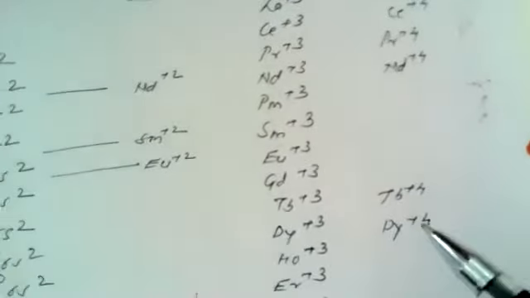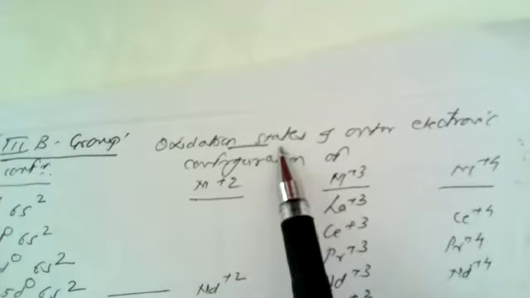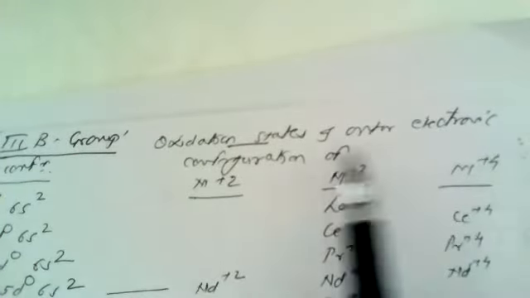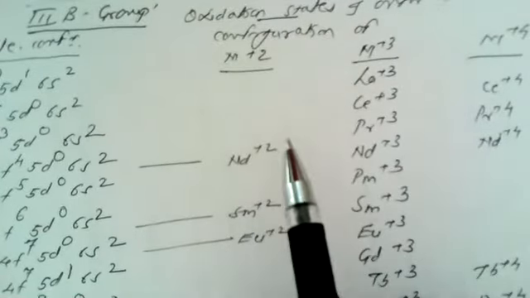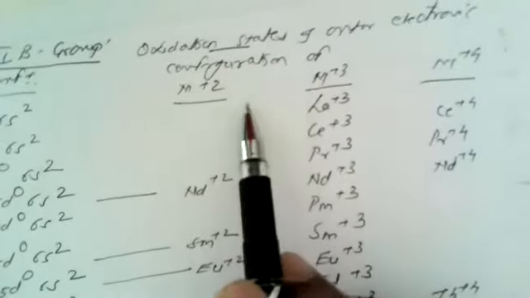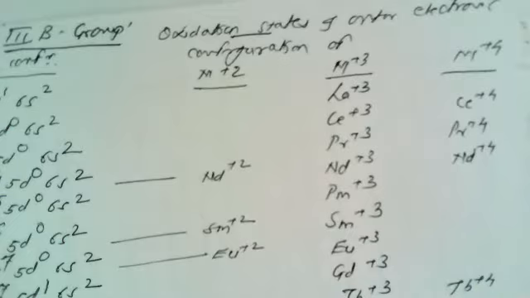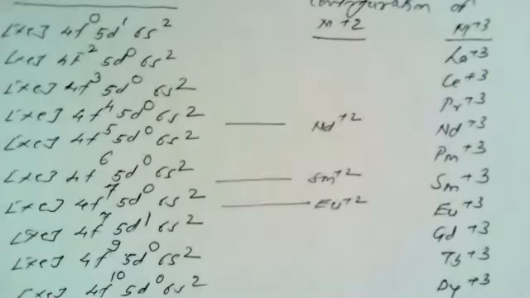Only 5 members display the highest oxidation state of +4. Now at the top we have written oxidation states and outer electronic configuration of. Now we have to arrive at the outermost electronic configuration of all these different oxidation states. So how can we write the outermost electronic configuration of all these elements, that we have to see?